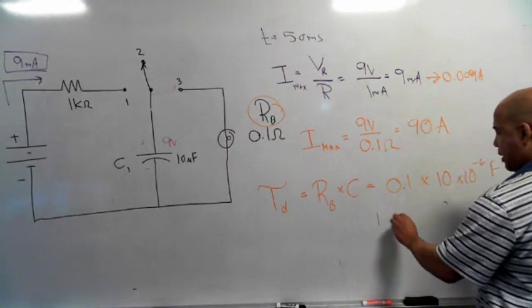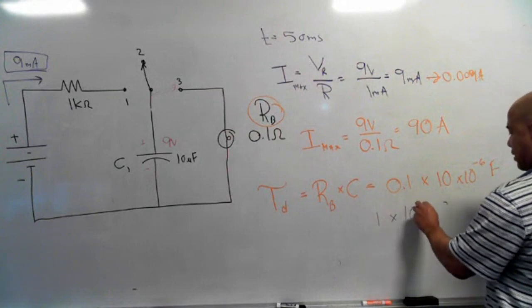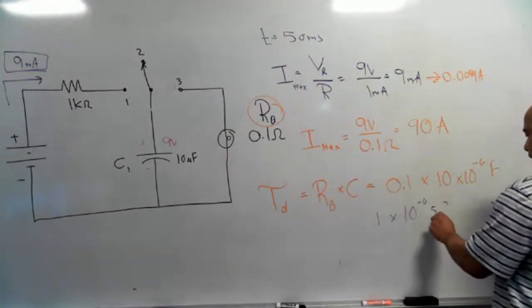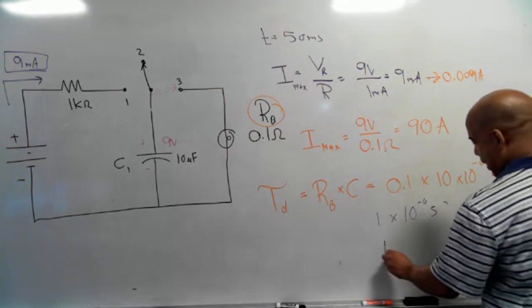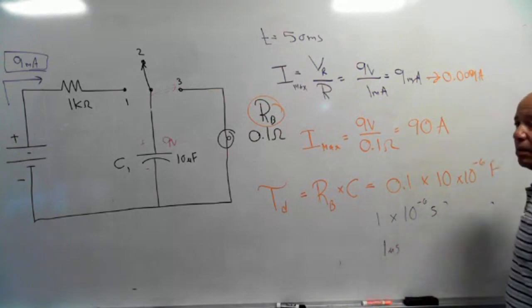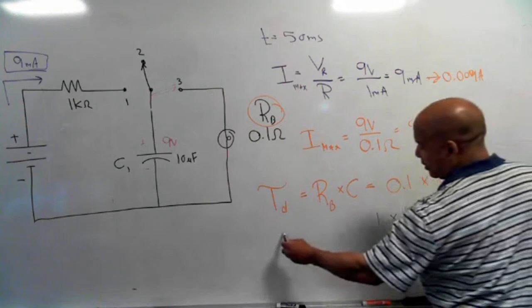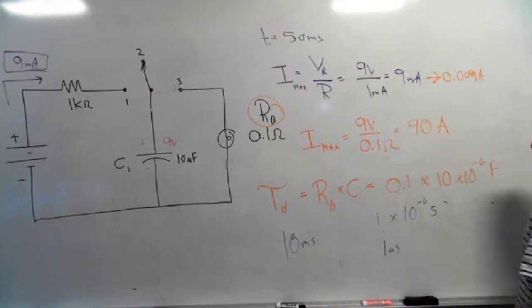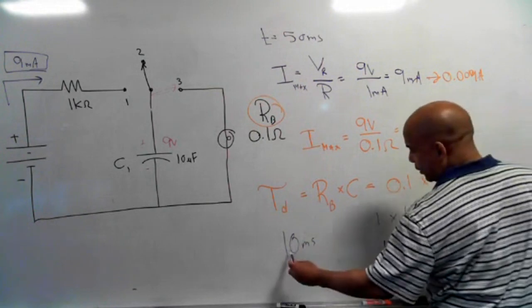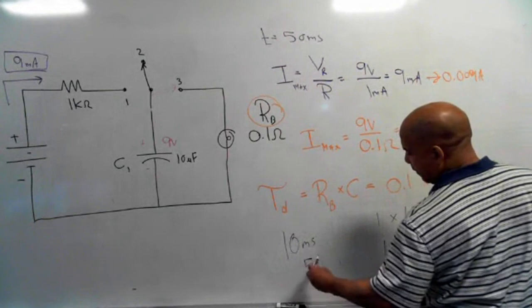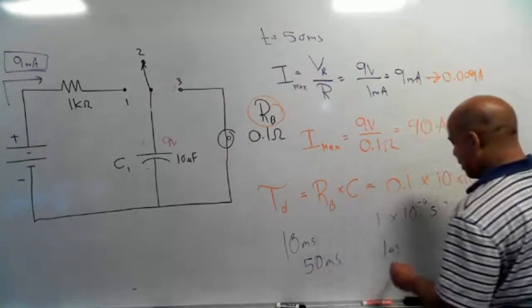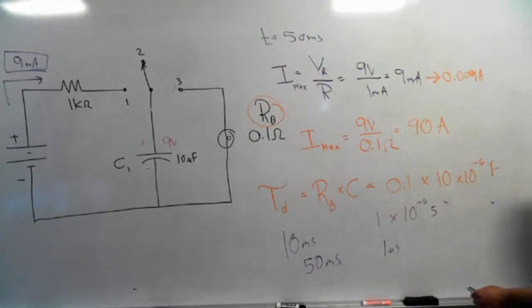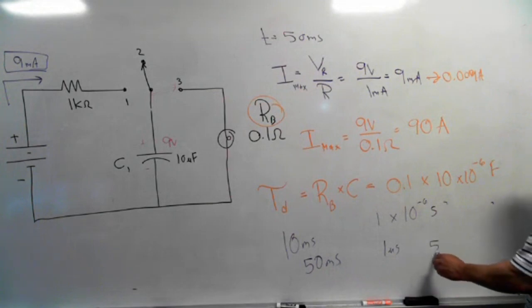I've got 1 times 10 to the minus 6, which will be in seconds. So that's 1 microsecond. It took 10 milliseconds for tau here. Here we've got a tau of 1 microsecond. To fully charge, it took 5 times this number, or 50 milliseconds. To fully discharge, it's going to take 5 times that number, or 5 microseconds.